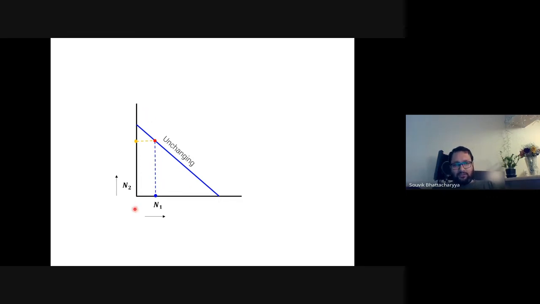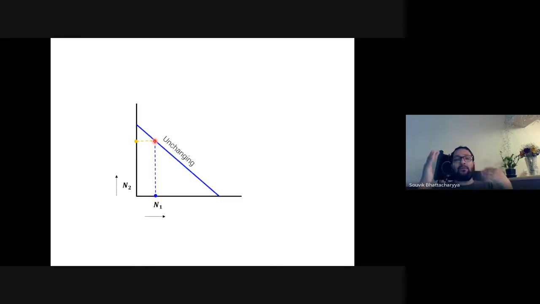So what does this plot mean, and what can we infer from this kind of analysis? What Lotka-Volterra assumed is that along this line, if you take any value of N1 and N2, that is the number of individuals of the species, the species will be at equilibrium. Both the species will be at equilibrium.